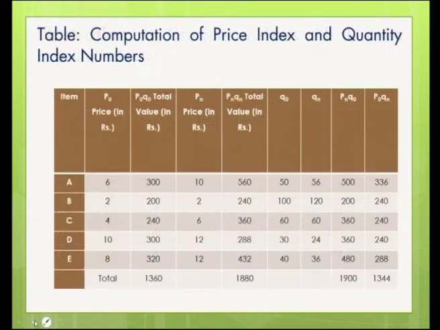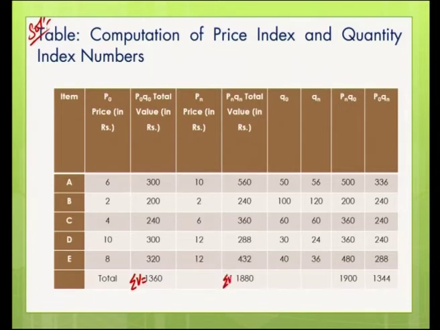So, look at the solution table, computation of price index and quantity index numbers. Just see the price values are written as P naught for the base year and P naught Q naught is total value in rupees is given, that total is taken and that total is represented as summation V, and Pn value is the current price values, current year price values are written here, and this is Vn, Pn Qn total value in rupees for the current year and its total is written here.